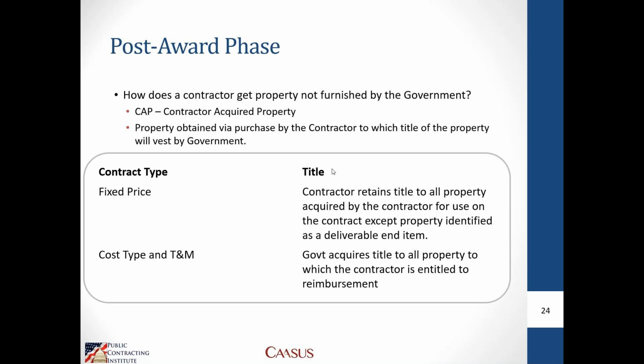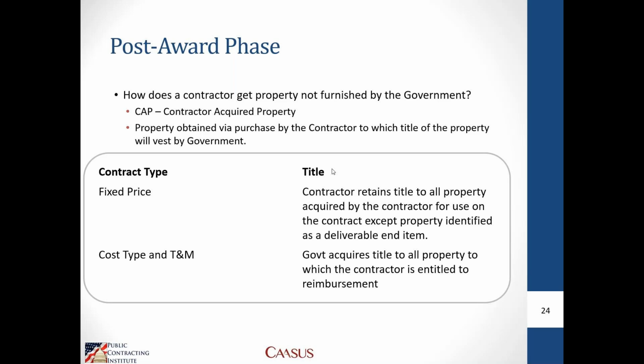And if the deliverable to the government in support of this firm fixed price contract is to provide those results and a report, well, then any kind of test fixtures that you had to buy to perform those tests would not be part of those deliverables to the government. So it wouldn't transfer to the government. The test fixtures would remain the property of the contractor at the close of the contract.